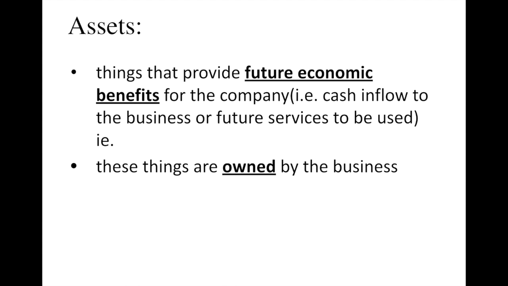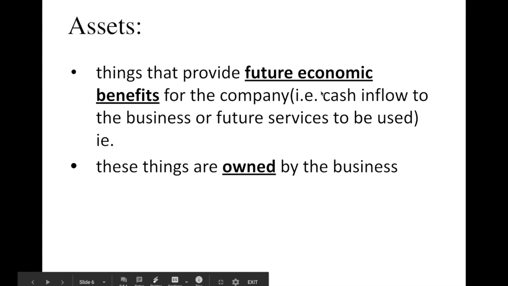It's owned by the company, and we use the house to store things and to serve our clients or whatever it is we use the house for. A truck is also an asset because it aids in shipping goods and services from the business to the consumers, which plays a big role in generating cash.